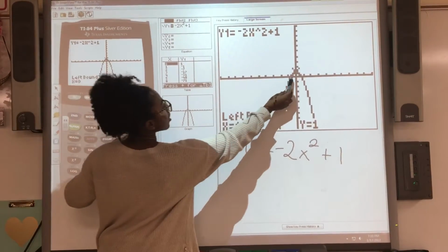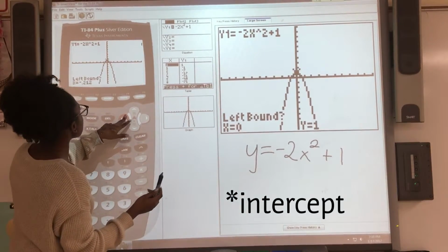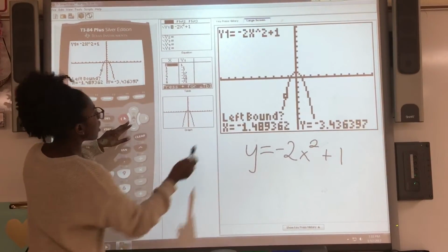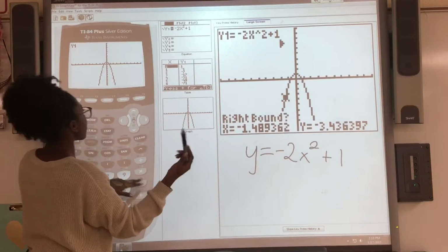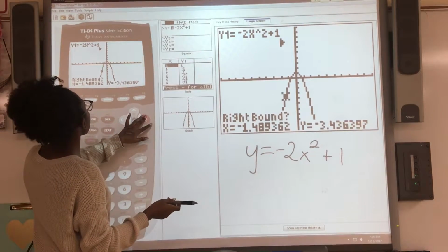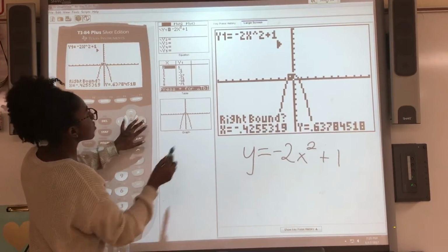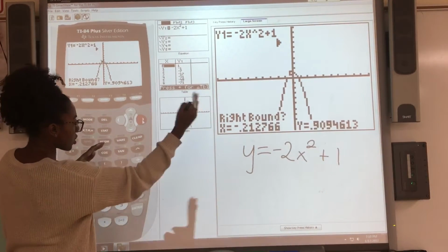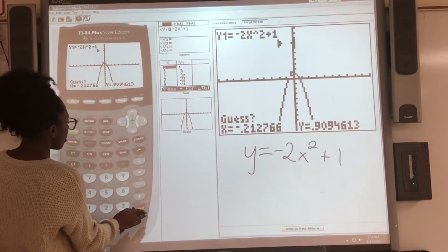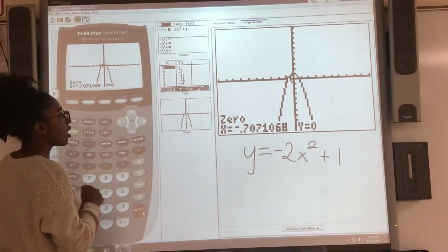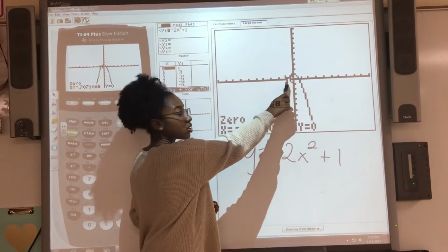For your first intersection, you just go to the left side of it and click enter. I went really far, you don't have to go that far. And then for the right bound, you can just go to above the x-axis on the right side, click enter again, and it'll give you your answer for this solution.